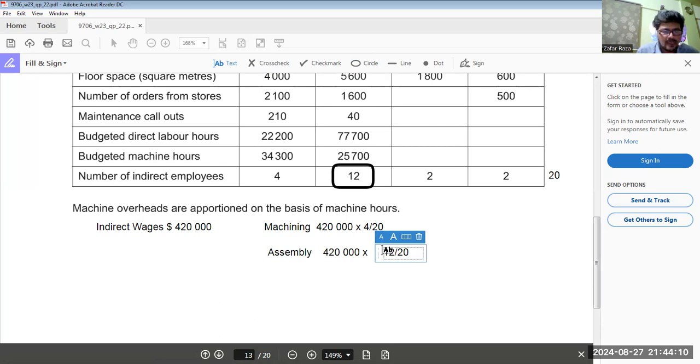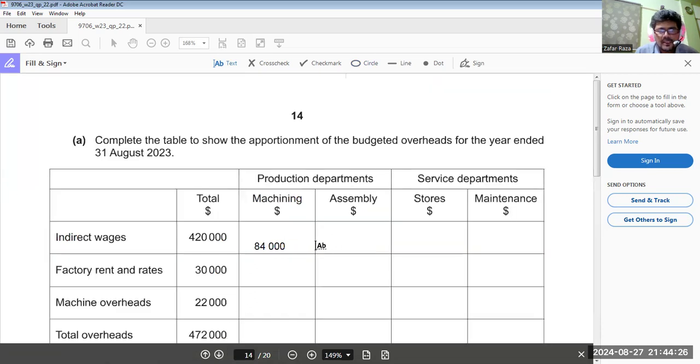So that would be how much? 420,000 multiplied by 12 divided by 20. 252,000. That is the total cost. Okay. Now move.